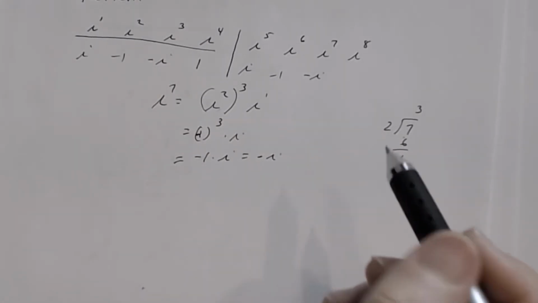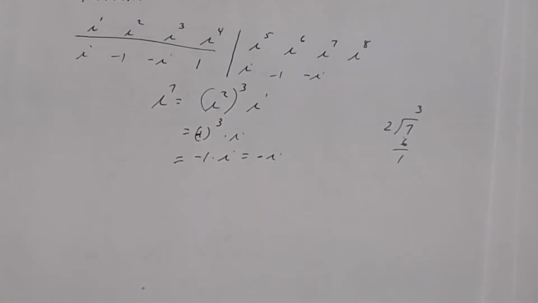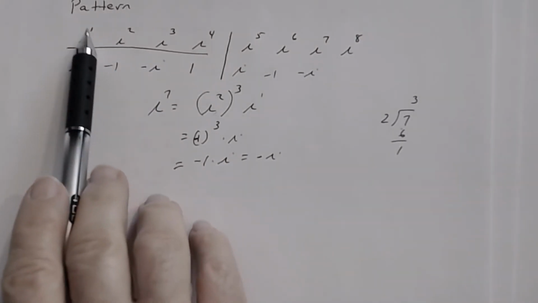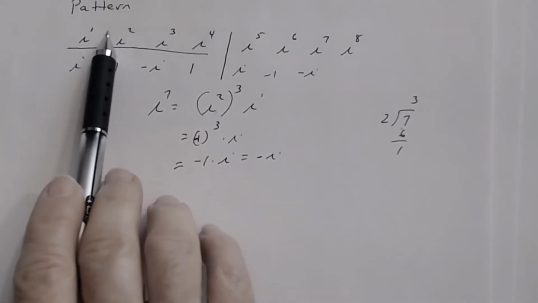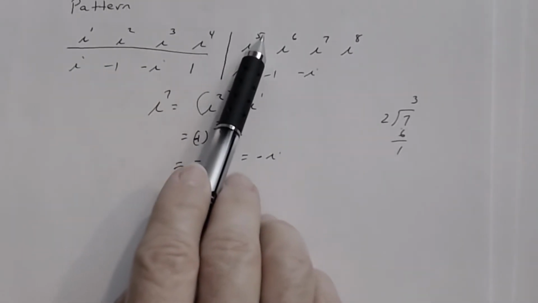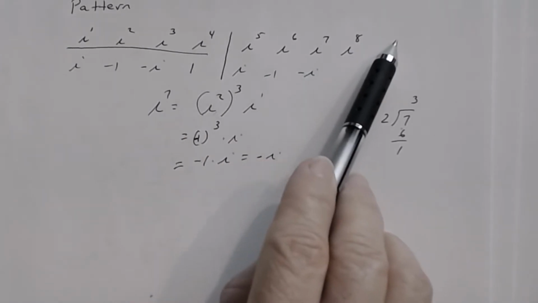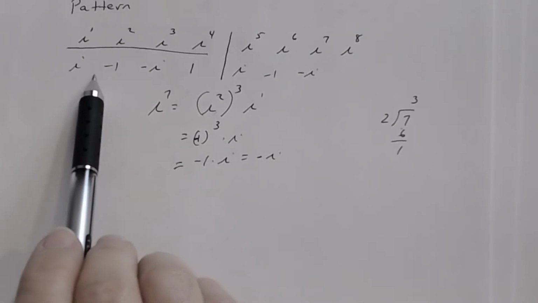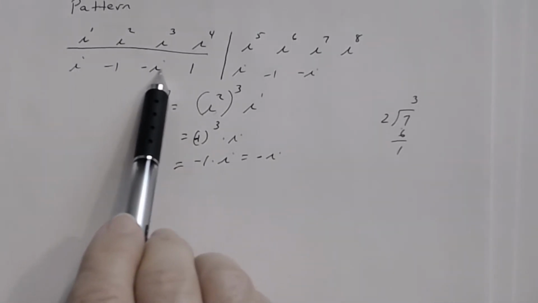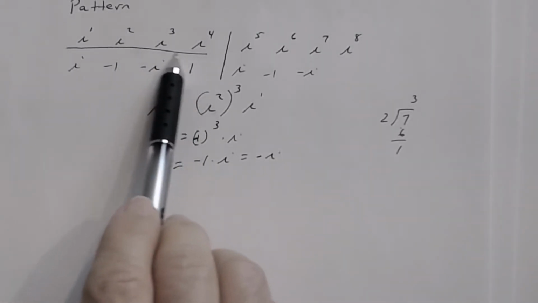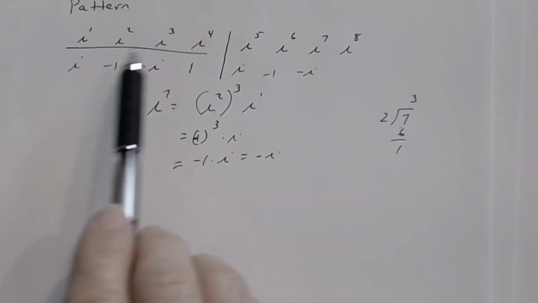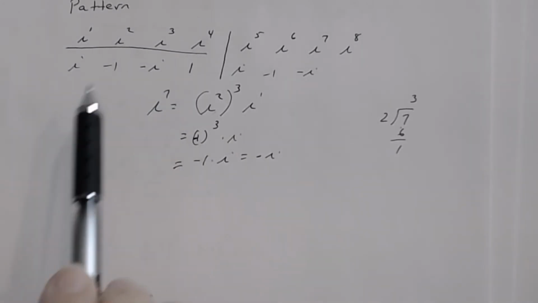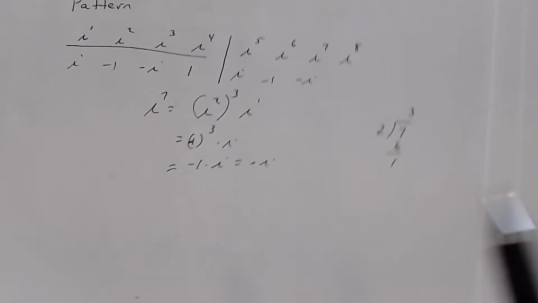All right, so the point of this is just to show you that no matter what exponent you have for powers of i, as long as those are integers, you're going to get one of these 4 answers: i, negative 1, negative i, or positive 1. So let's look at some examples.